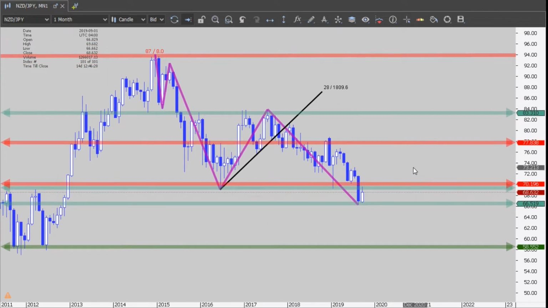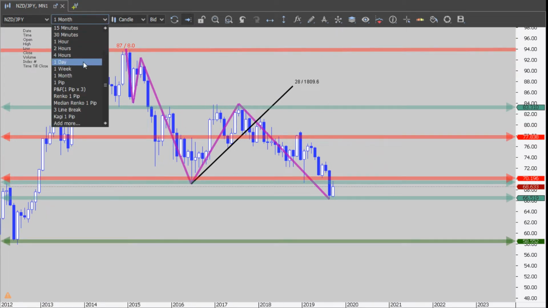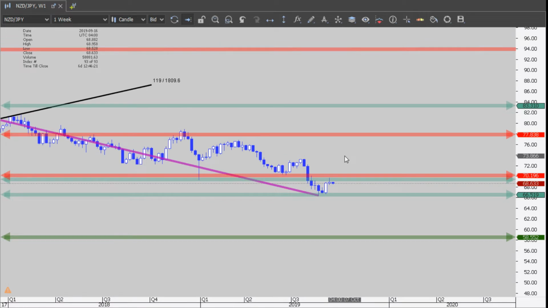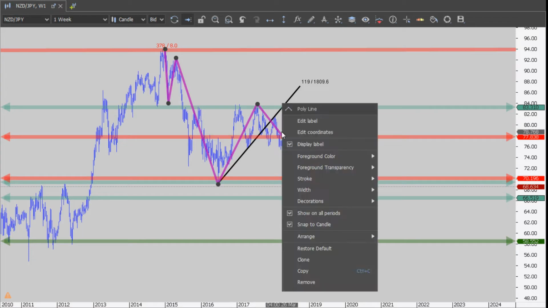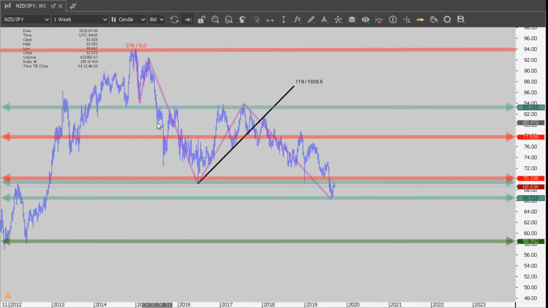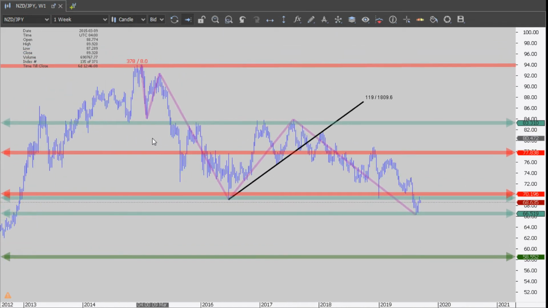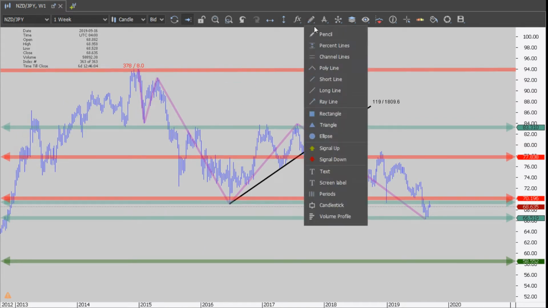So we have structure, we have stop loss number 1, we have stop loss number 2, from the weekly, bringing all together. I'm going to delete, or at least I'm going to do it like this. There you go. We're going to color code a different structure from the weekly.